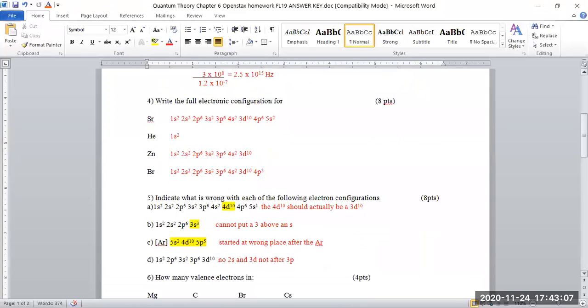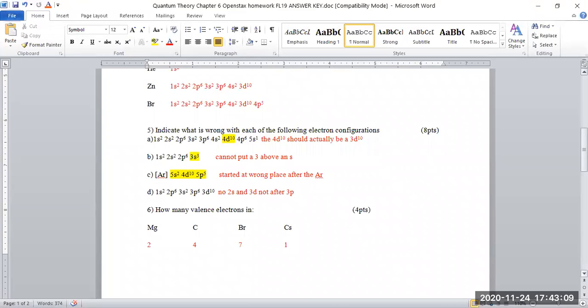Then I gave you a handful of ones that have errors in them. I confess to really loving this particular problem. I stole it from a colleague of mine, Matt Seniak, who teaches the Saturday section of Chem 111. He had run across this from a text that he used a while back, and I thought it was a really great idea because it makes you think about what you could have done wrong.